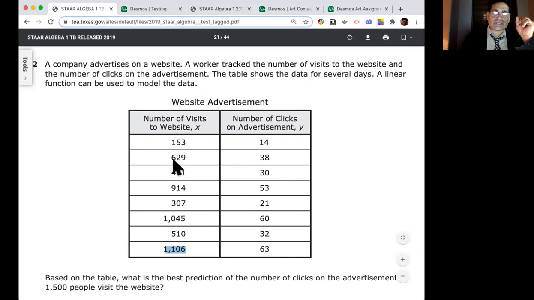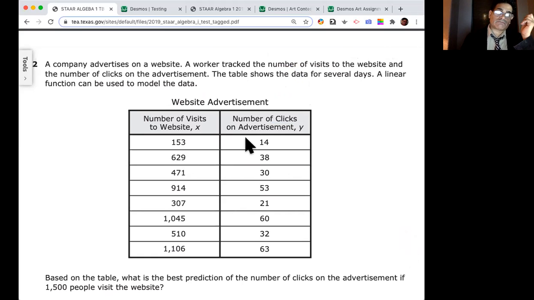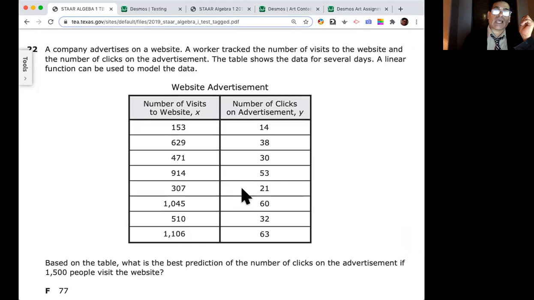So there is a number going up, clicks are going up. We have a change. So what I'm guessing, if I remember the other questions, is a change in the number of visits over the number of clicks.